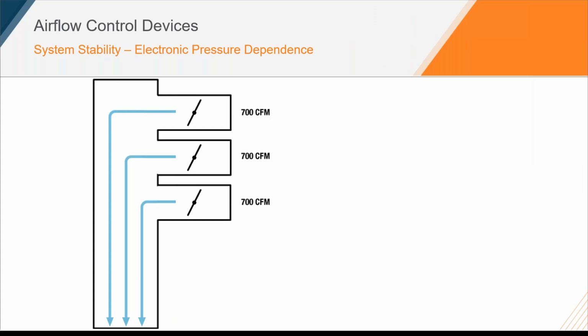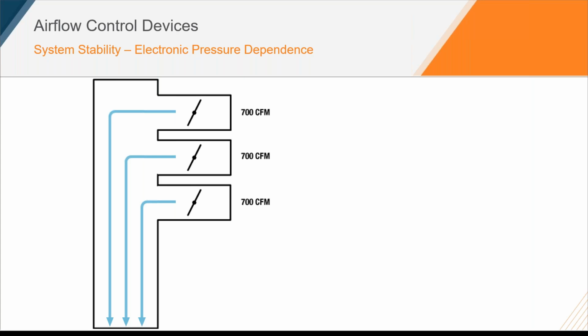To give a little bit of an example, again, to compare the differences between these valve technologies, we're going to show you the difference between system stability with an electronic pressure independent valve and a mechanically pressure independent valve. In this example, we have a damper style valve operating all at 700 CFM, being served by the same fan.